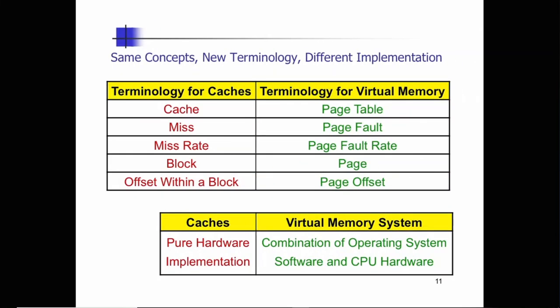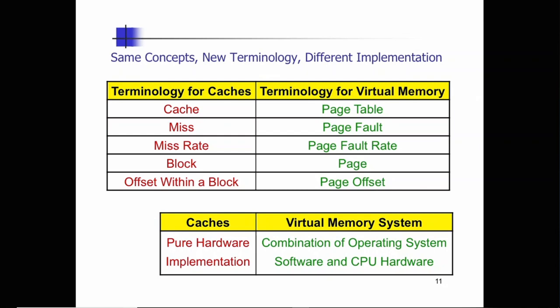Because we are introducing some new concepts and terminology here, let's try to compare and contrast. We are essentially having the same concepts. We are just changing the terminology and have a slightly different implementation. Over here we have a comparison between a cache that we have seen in the previous set of lectures on memory, and on the right we have the terminology with the virtual memory.